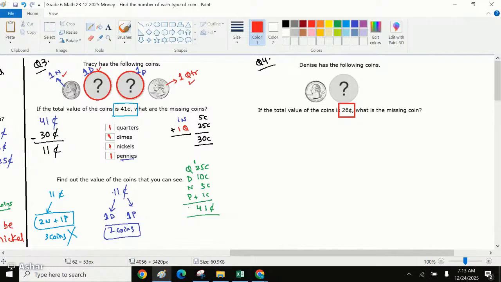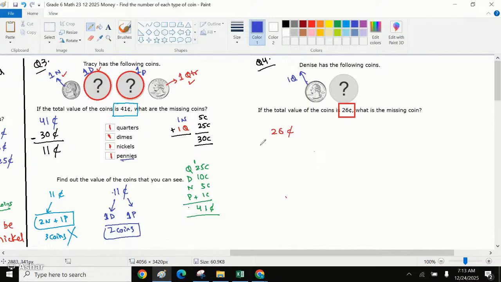The first thing we need to see is what is given to us. Can we say a quarter is given to us? If this is 1 quarter, that is already given to us. So we know that the total worth was 26 cents, right?